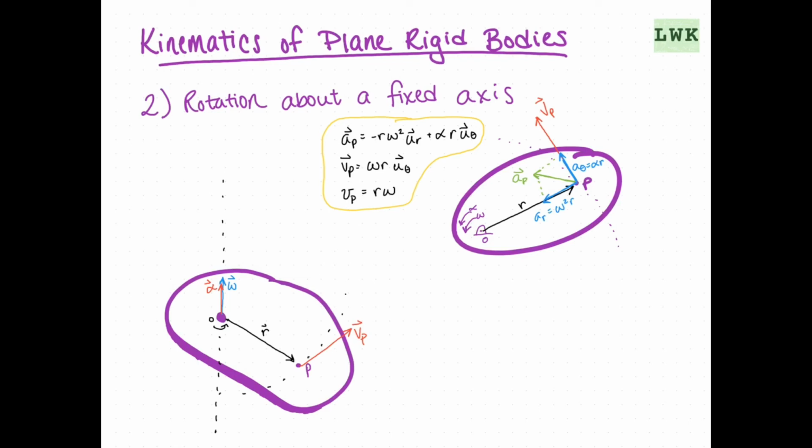Now if we look in our bottom left, we have essentially the same picture, but we're going to look at it from another angle, and we're going to define all of these values using vectors.